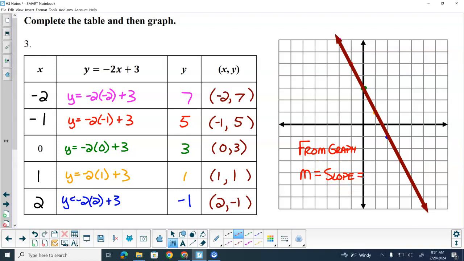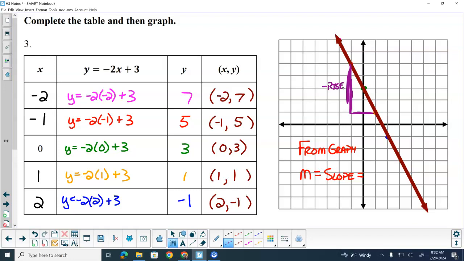Well, we just graphed 5 different points on this line. So my slope is going to be, I haven't used purple yet, I'm going to go here, and then that puts me here. So this is my negative rise. How much did I rise there? 1, 2, 3, 4 down, right?